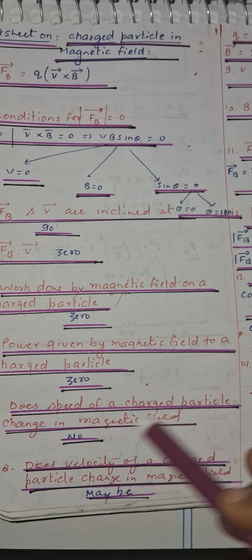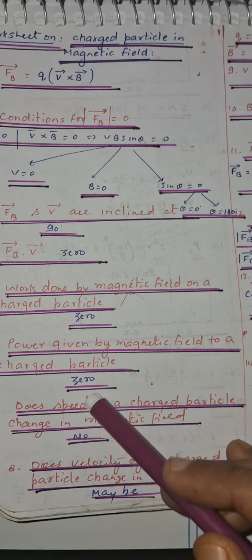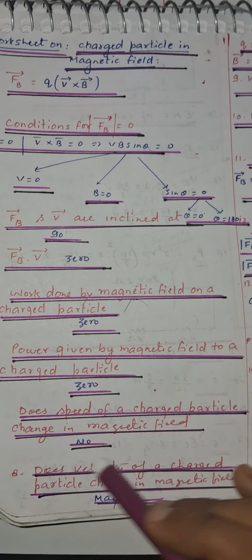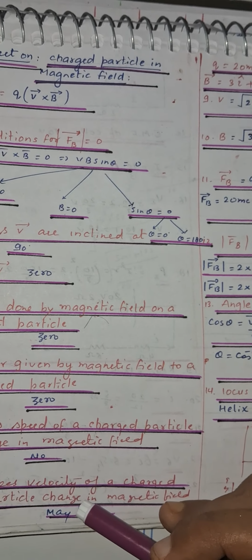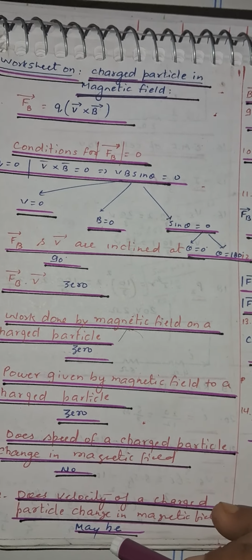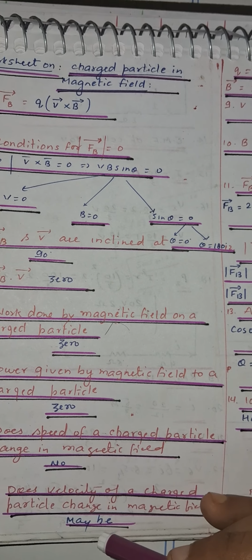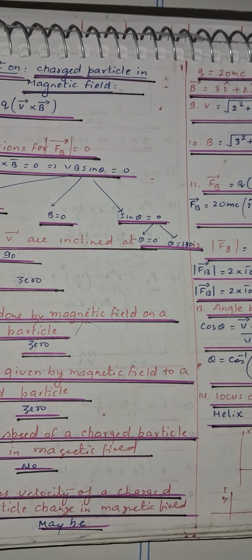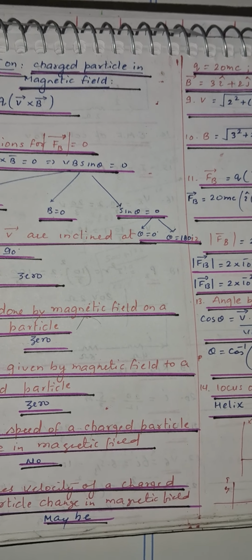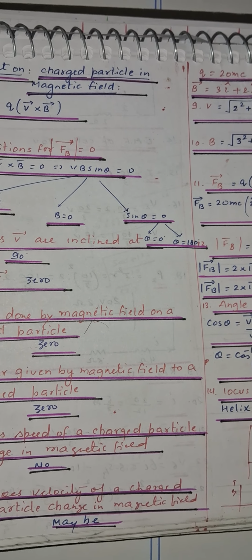Next, does the speed of a charged particle change in a magnetic field? No, as I explained earlier. Next, does the velocity of a charged particle change in a magnetic field? Here is the important question. Velocity may change, because if the angle is 0 or 180, then in that case force will be 0. So force is 0, that means acceleration will be 0, that means velocity will be constant.